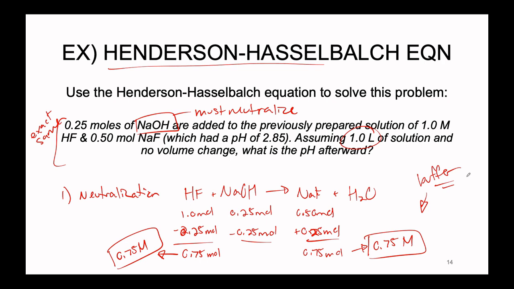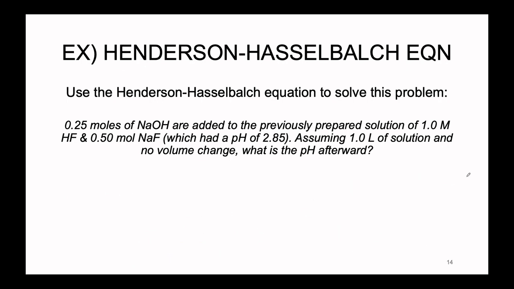And our Henderson-Hasselbalch equation, just to clear the slide, is a means to calculate pH, which is equal to pKa plus log of the concentration of A minus, all divided by concentration of HA.